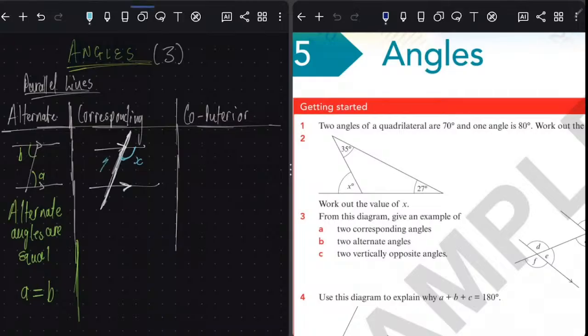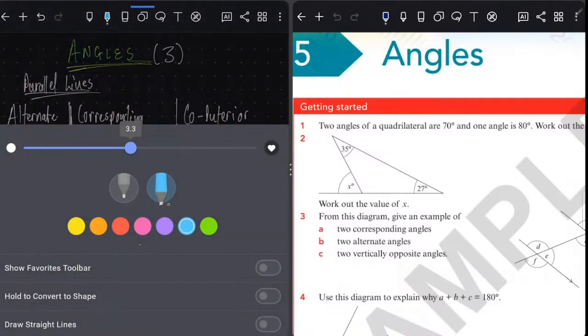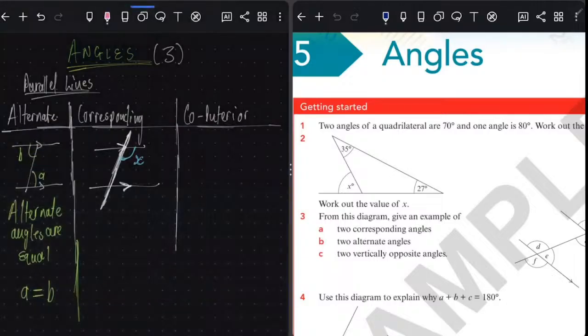And is it on the left or on the right? Say it nicely. Where is X? On the right, and it's below. You should analyze the position of X. Are we together? You can see that the parallel line is there.